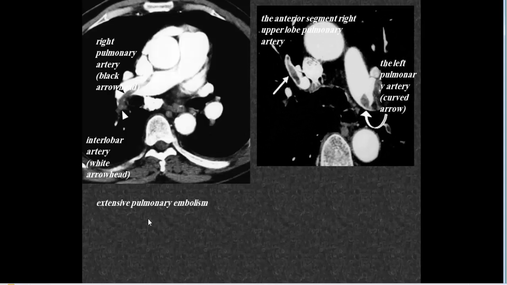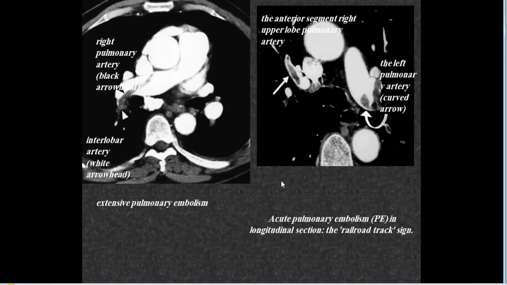In the anterior segment of the right upper lobe pulmonary artery, areas of filling defect, centralized, not making an angle with the wall. This is pulmonary embolism. Left pulmonary artery here, extensive pulmonary embolism.